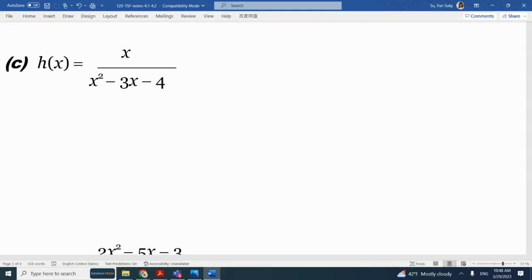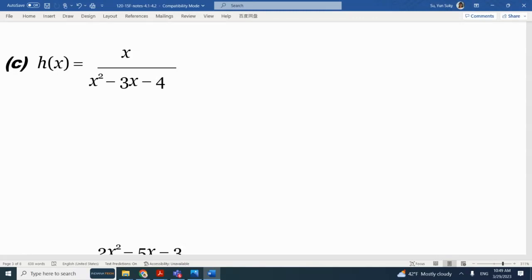This is not the factor form. But the numerator is x. This is only the denominator. So maybe you rewrite it better. So you say x, then 4 on top. And then the bottom, x minus 4.